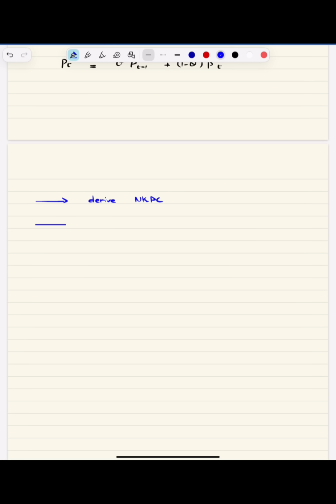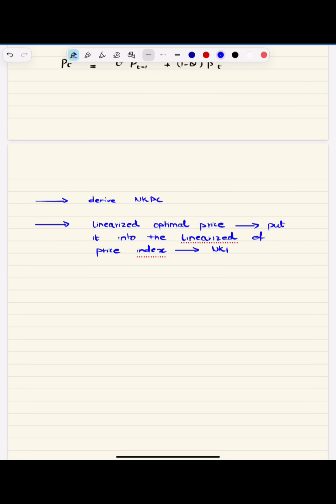For that, we had to find a linearized version of the optimal price, and we had to substitute it into the linearized version of the price index, and once you do that, you will get the New Keynesian Phillips curve.